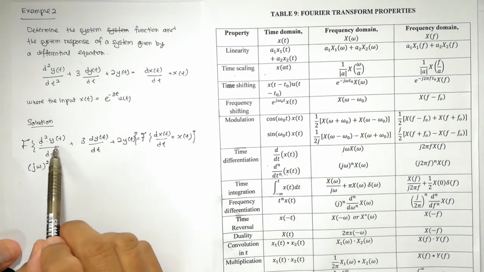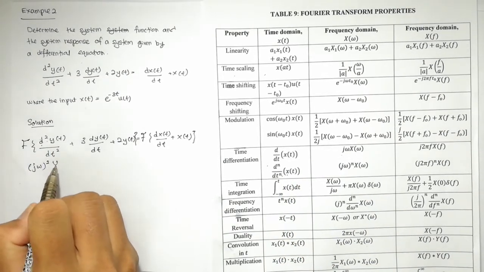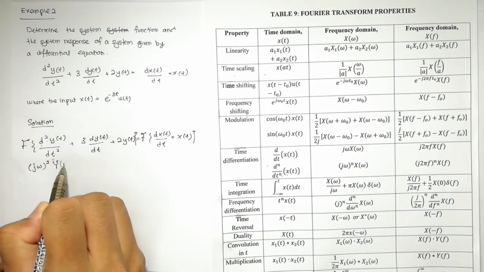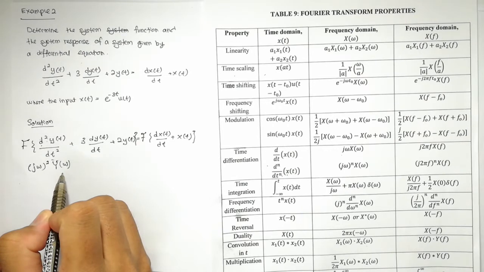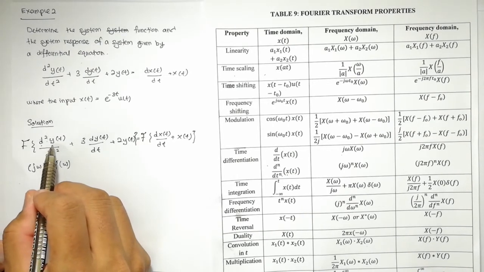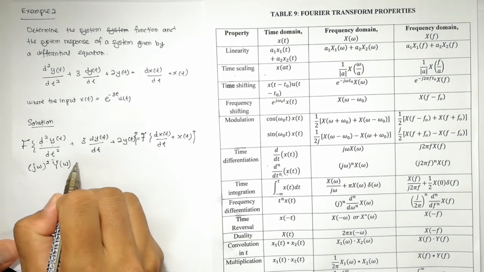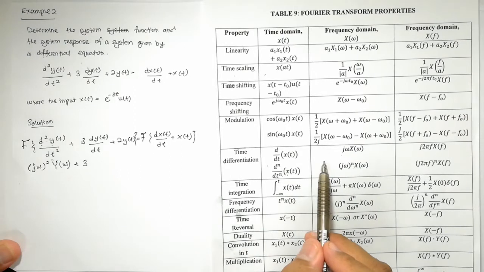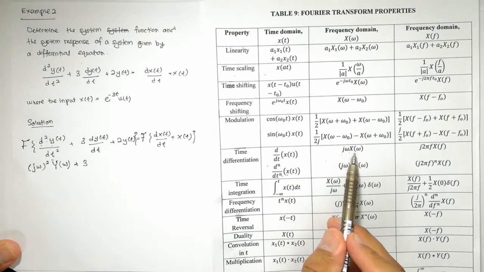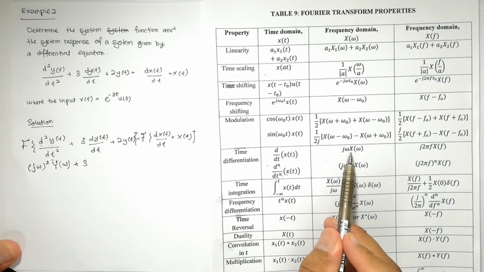Since we have y(t), we must write Y omega instead of X omega, because we have the derivative of y(t). So this will be plus 3, and for dy/dt we use the first property, j omega X omega, but instead of X omega we write Y omega.